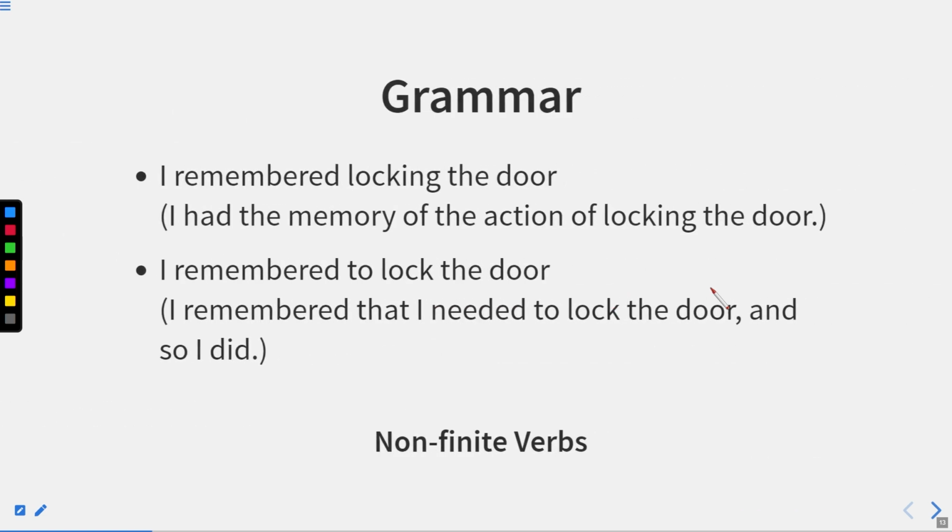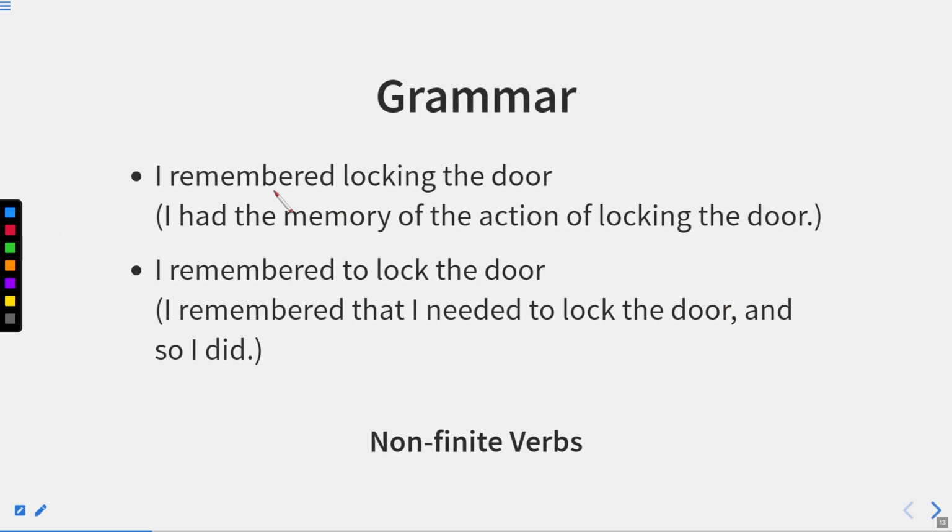How? First of all, let us have the sentence, I remembered locking the door. It means I had memory of the action of locking the door. It means I remembered that yes, I have locked the door. So this is in my memory. I remembered locking the door. It means locking the door was in my memory.